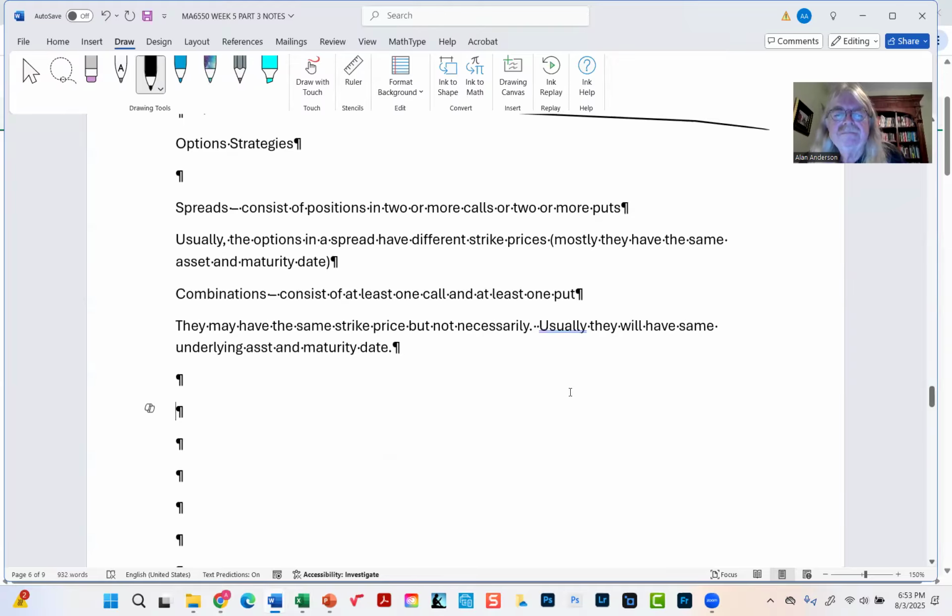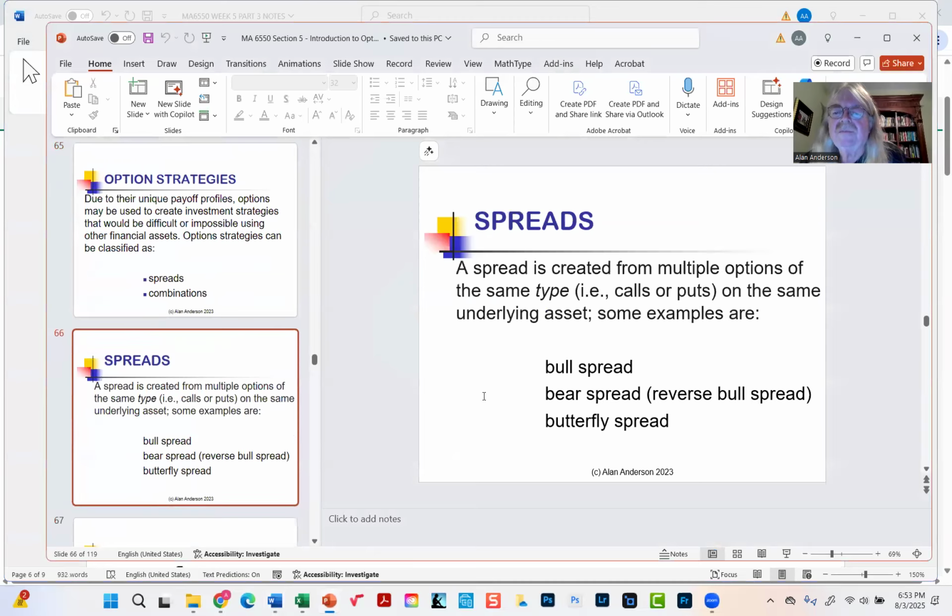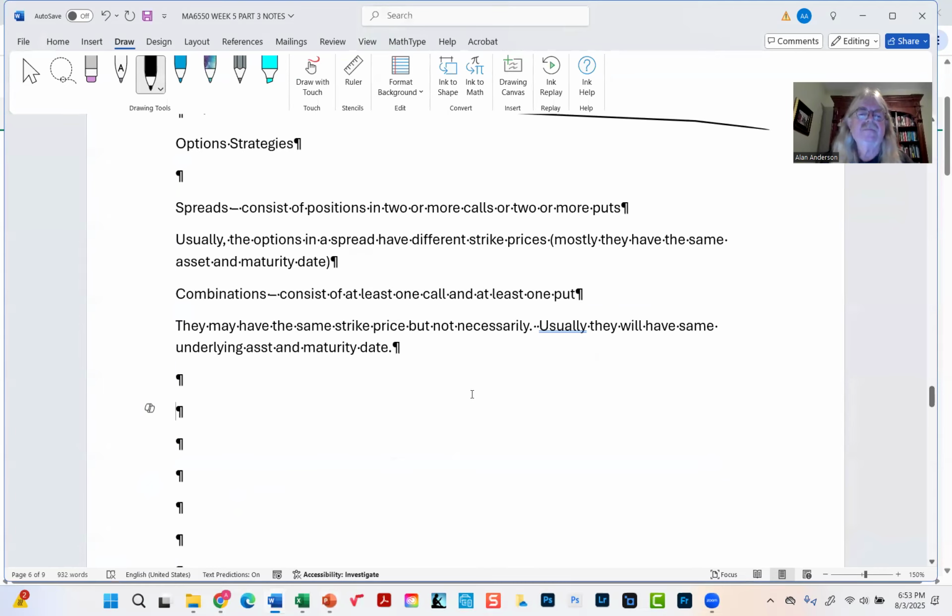So we'll start with our spreads. Now, these are the three you want to consider. Whenever we look at a strategy like this, we want to ask ourselves, why are we doing this? What do we hope to accomplish? So the bull spread. By the way, if you don't know, bullish on Wall Street means optimistic about a stock or other asset.